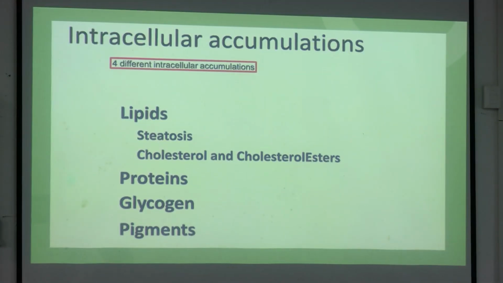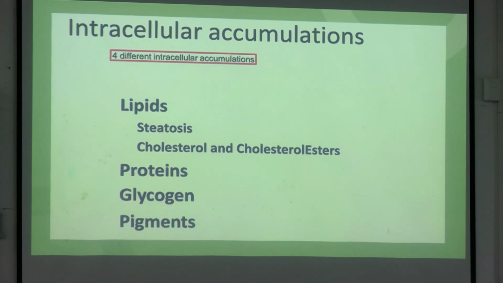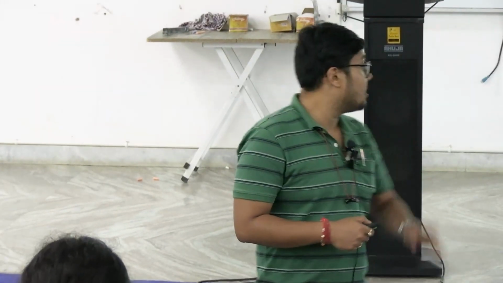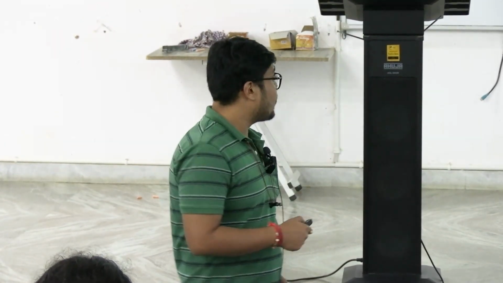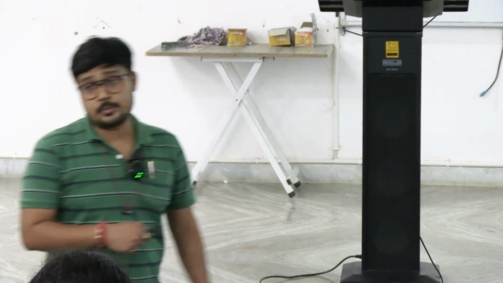Steatosis of liver, steatosis of spleen, steatosis of heart; the most common is steatosis of liver. So the most common product of intracellular accumulation is lipid or cholesterol ester. Next is protein, then glycogen, and the least common is pigment.